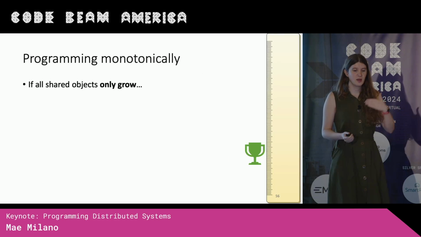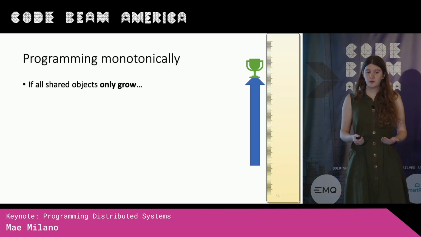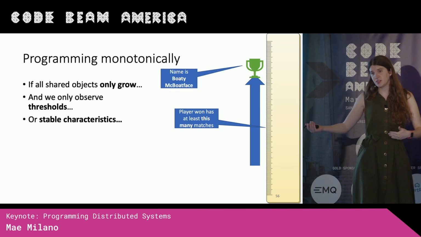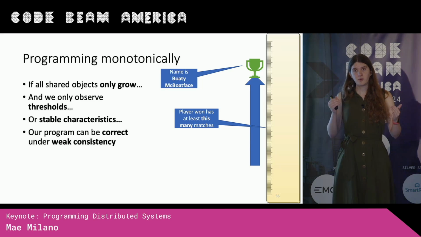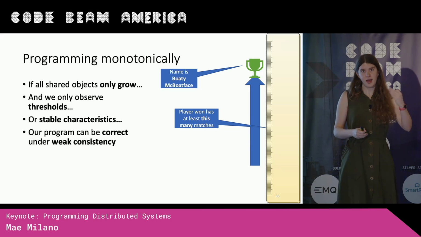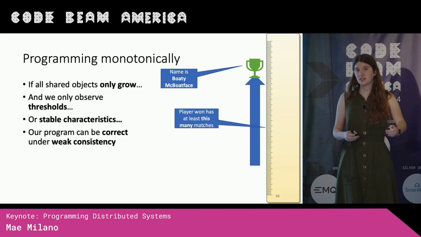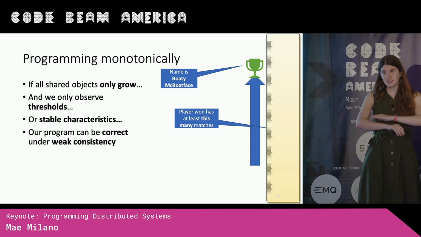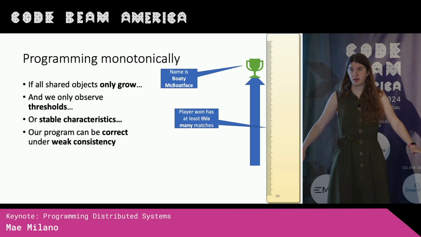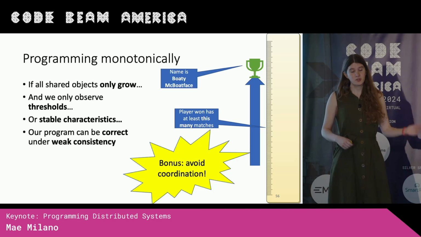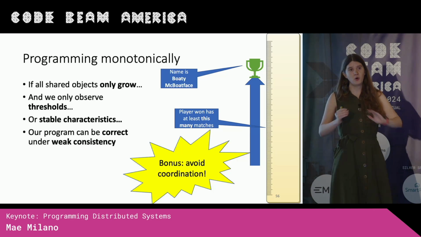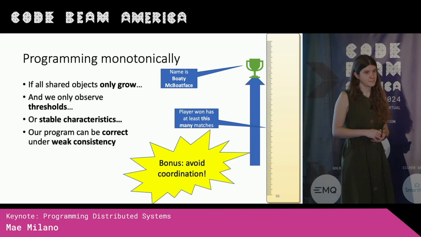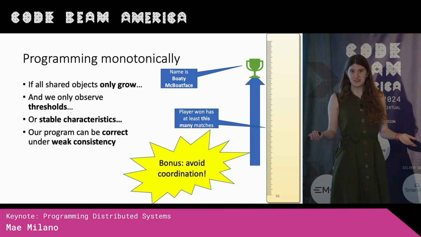In other words, if all of our shared objects only ever grow, and if we only ever observe thresholds or stable characteristics of our objects, then our programs can be correct and even convergent, like deterministic, under weak consistency. And we relied on 0 transactions and 0 runtime mechanisms to enforce this, which means as an added bonus, we've avoided all the coordination that normally comes with replicated storage systems. Amazing, right?